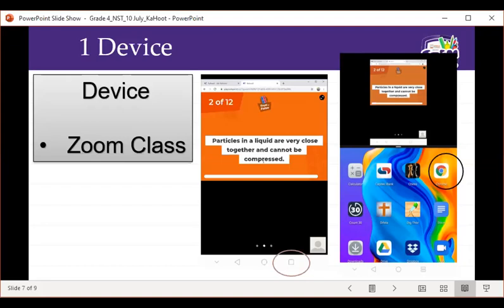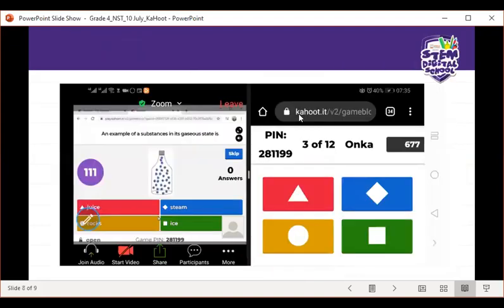I'm in. Okay, so once you are in, I need you to go to www.kahoot.it. Please repeat, ma'am. Kahoot.it. So it's right here. You can hear Kahoot.it, which is K-A-H-O-O-T dot it.